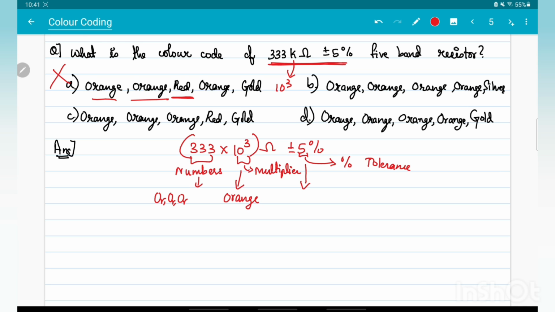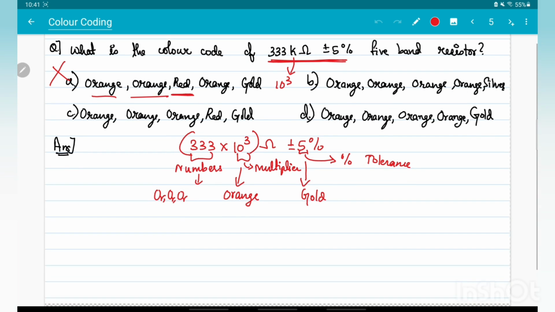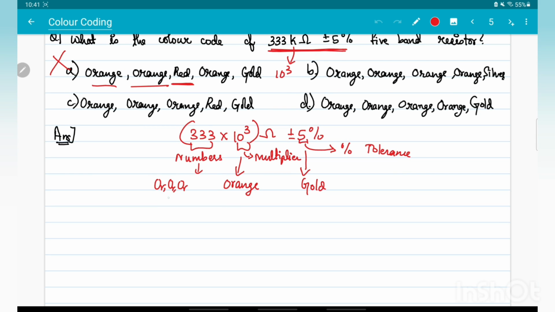So percentage tolerance, that is plus or minus 5%, was for gold. We saw in our previous questions also that gold has got the percentage tolerance as plus or minus 5%. So here we have got the colors, that the colors are orange, orange, orange and again orange and then gold, which means that option D is correct, that is first four are orange and then the last one is gold.